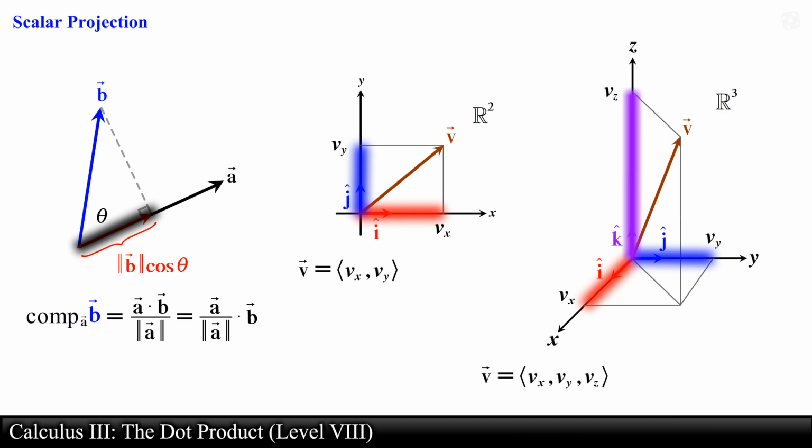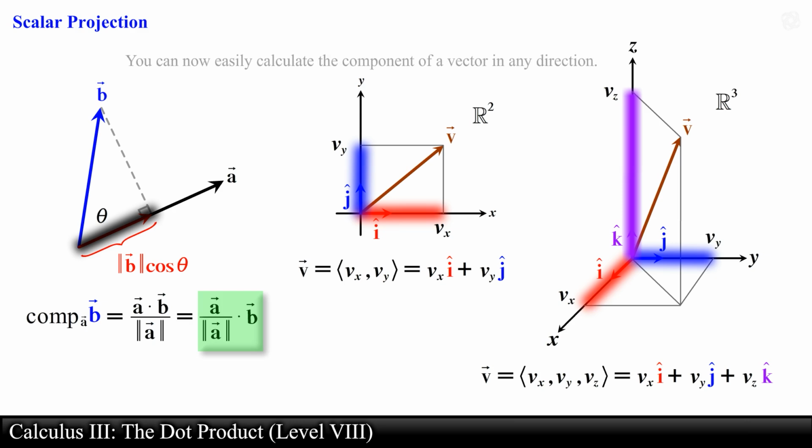In these cases, we found the scalar projection of the vector in the direction of the standard unit vectors i hat, j hat in the case of R squared, and i hat, j hat, and k hat in the case of R cubed. What makes the dot product so useful is that you can now easily calculate the component of a vector in any direction, and not just the standard unit vectors i, j, and k.